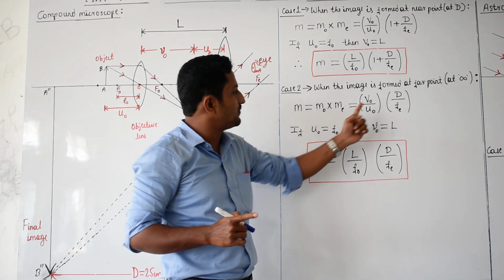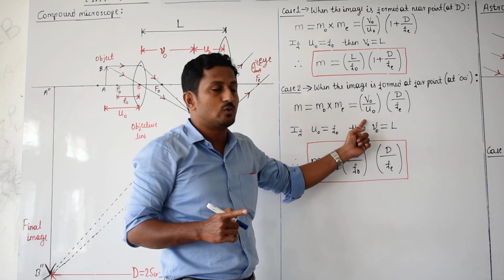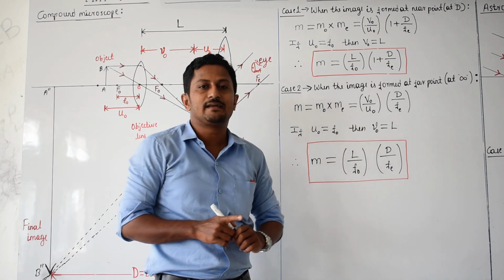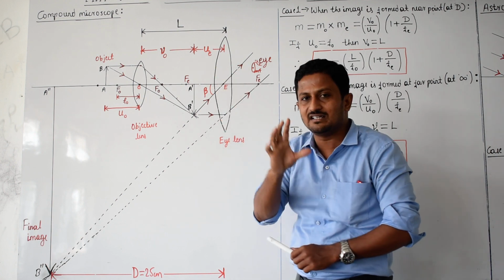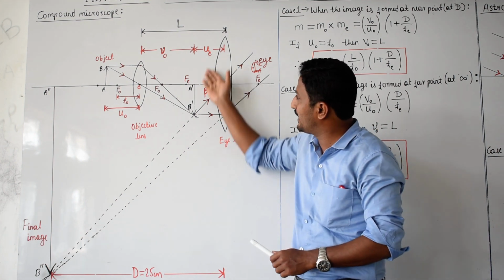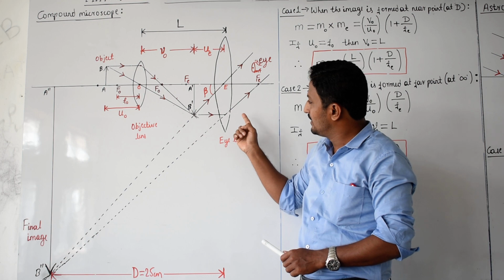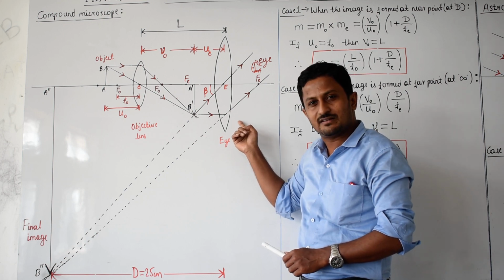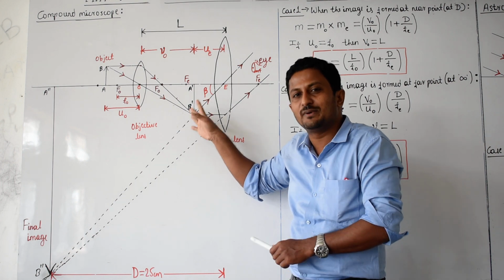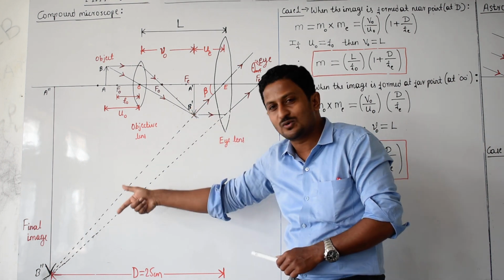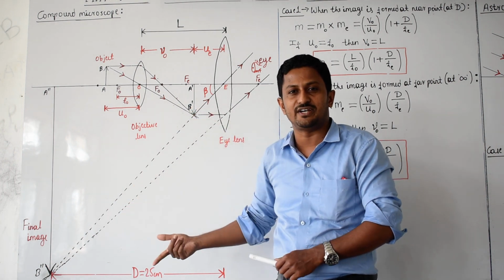Again, MO is VO by UO into ME. For this eye lens, it is right now a single lens. It is a simple microscope. In front of this single lens, the object is at its principal focus point, and the image is produced at infinity.